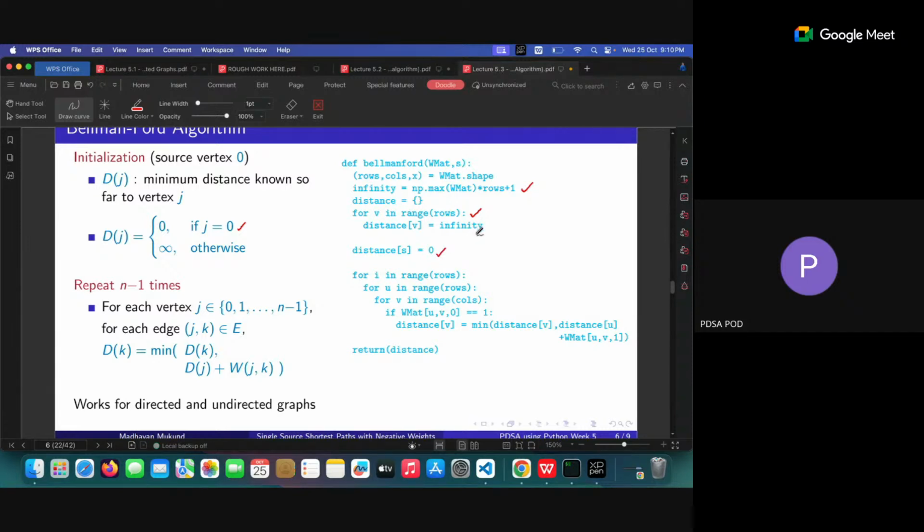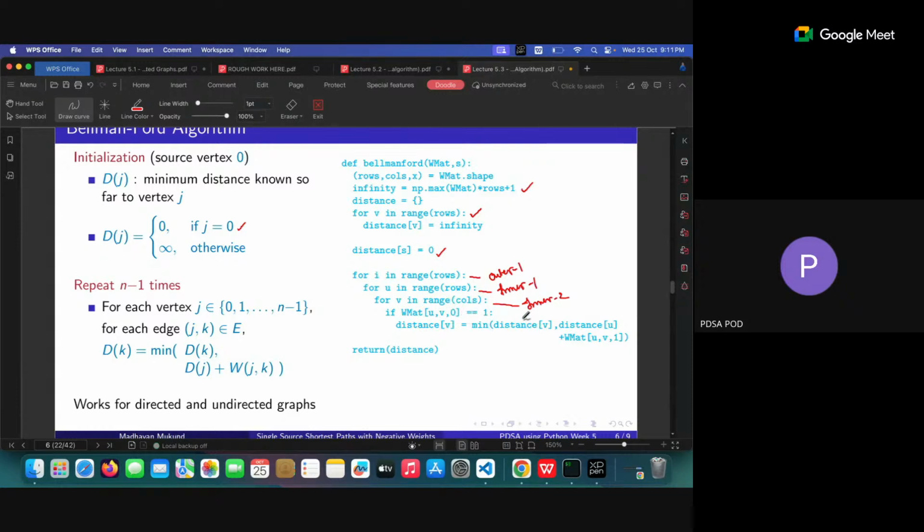Here remember, the outer loop repeats the number of vertices times, then inner loop 1, and another inner loop, inner loop 2.